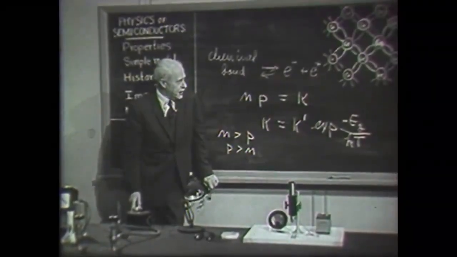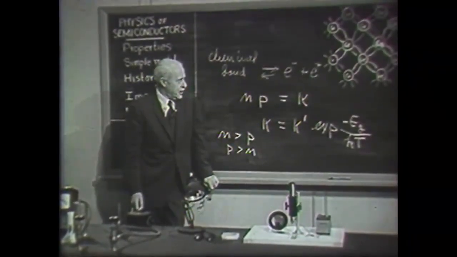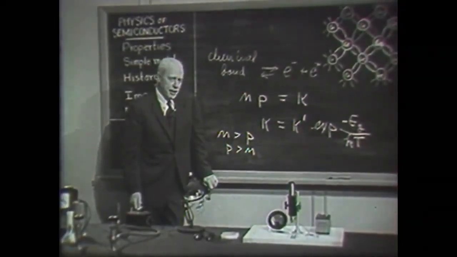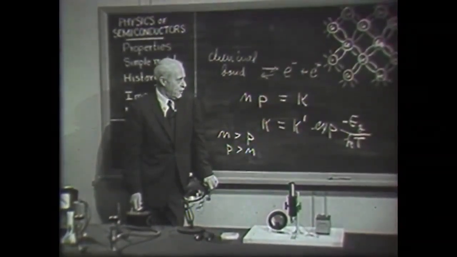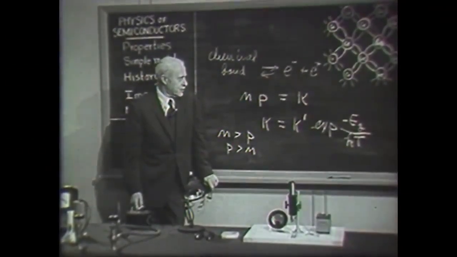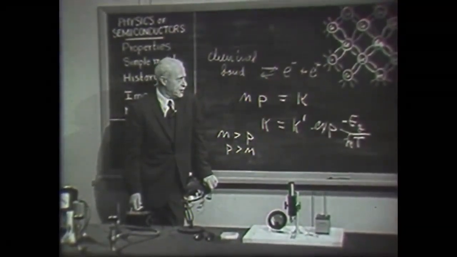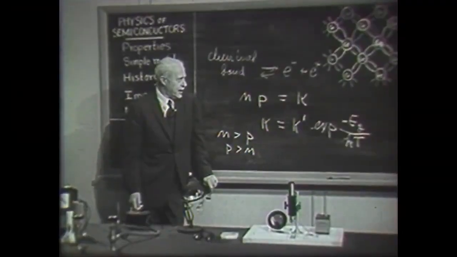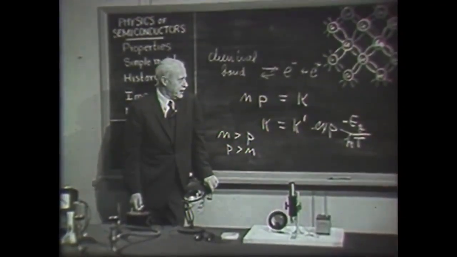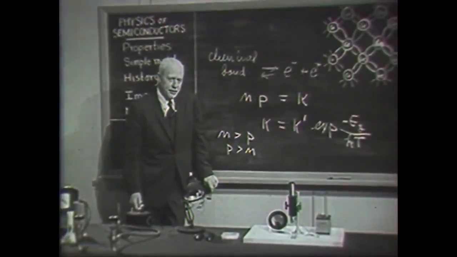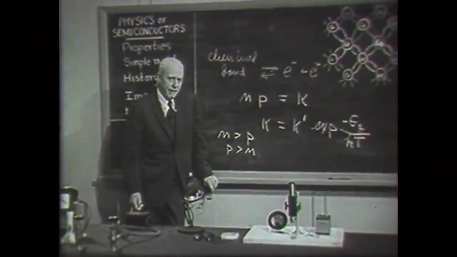Then there was the difficulty as to how these broken valence bonds could really take part in the conductivity. Why the movement of the place where the bond was broken through the lattice would not be very slow and sluggish, somewhat like the movement of a positive ion. It took the advent of quantum mechanics and the understanding of motions of electrons in a crystal lattice to remove this difficulty.